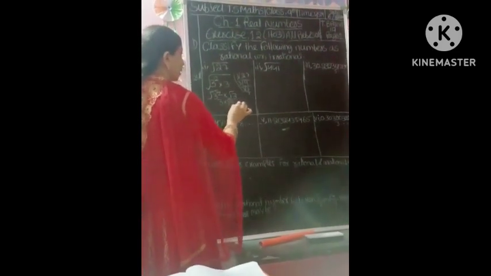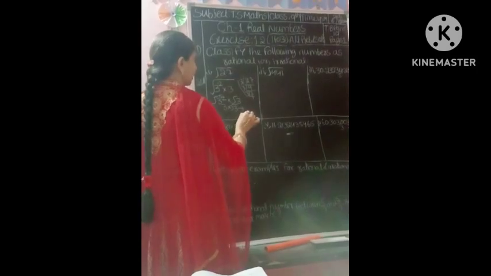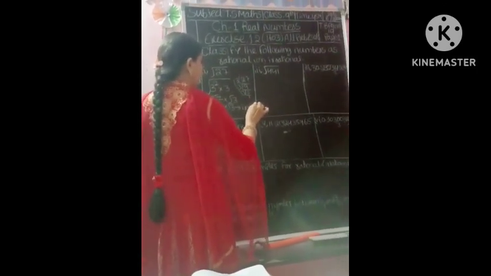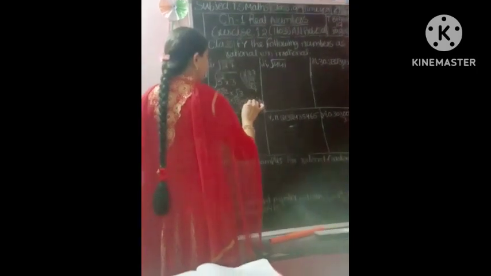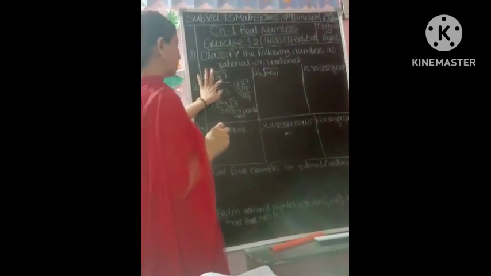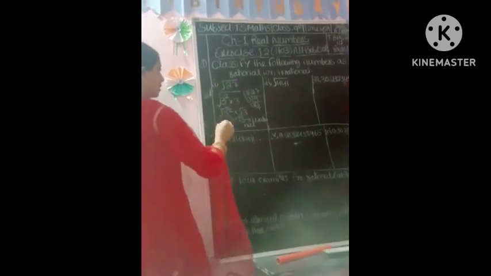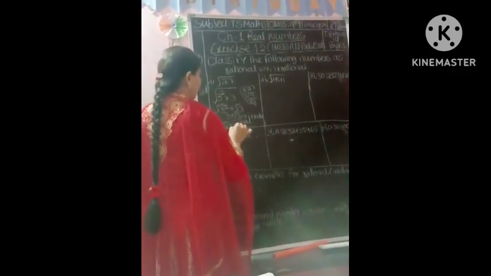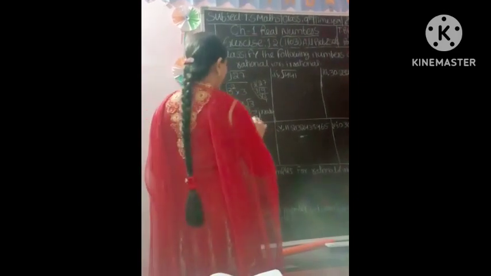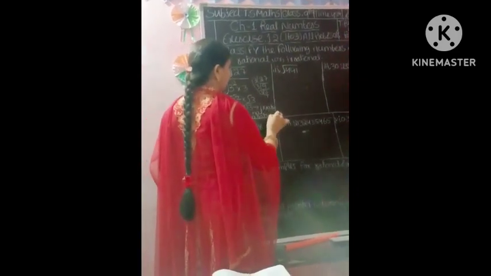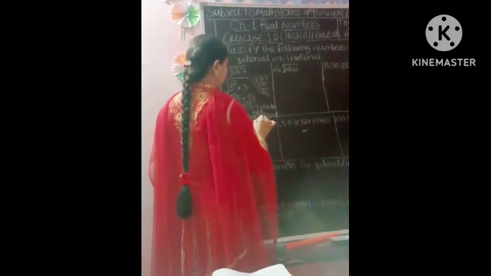But is 3 into root 3 a rational number or an irrational number? Irrational number. Why? Because here it is not a perfect square root number. Therefore, the given number is not a rational number. It is an irrational number.